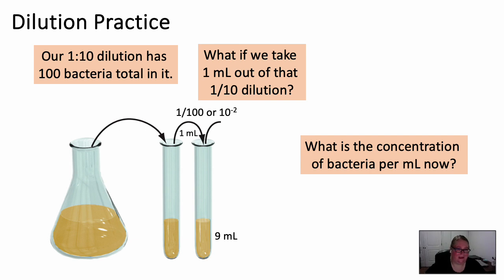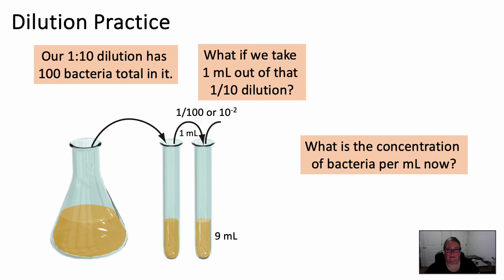So what if we take that 1 milliliter from our 1 to 10 dilution, we put it into a new test tube. So we have 1 ml of culture, and then we add 9 milliliters of fresh to it. What is the concentration in this test tube now? We took a 1 to 10 dilution, and we made a new 1 to 10 dilution.